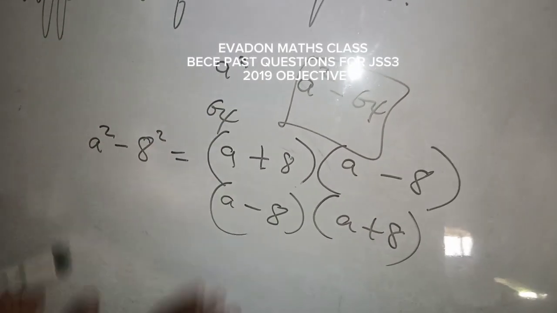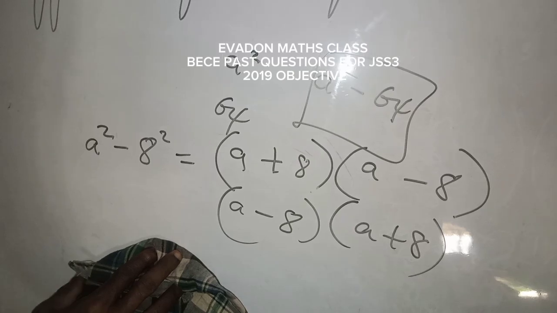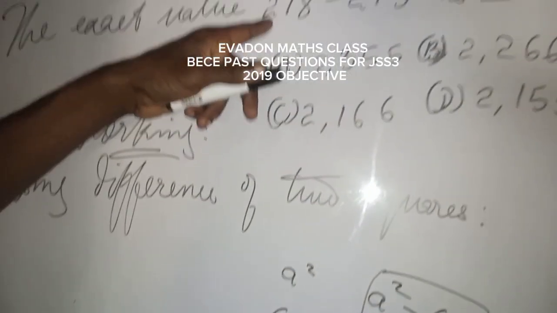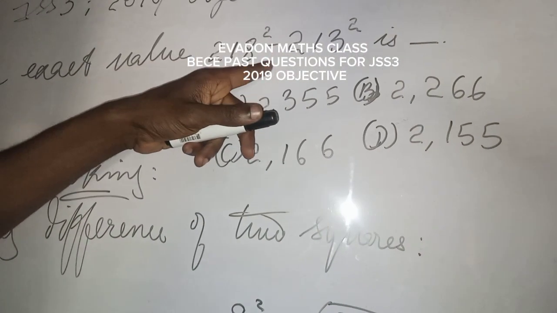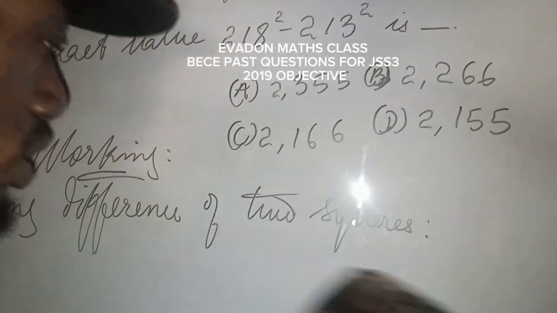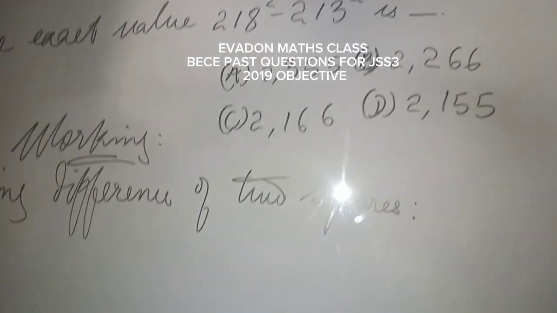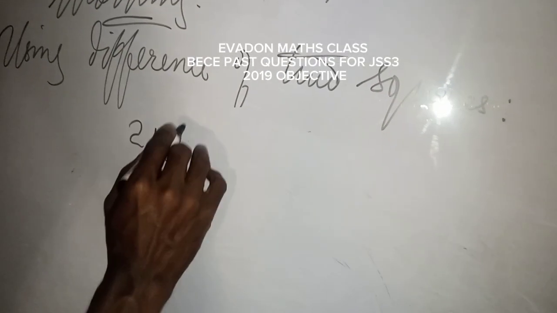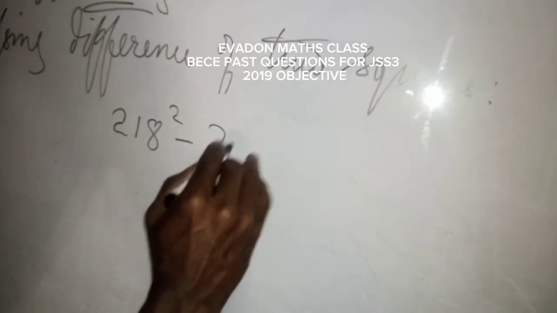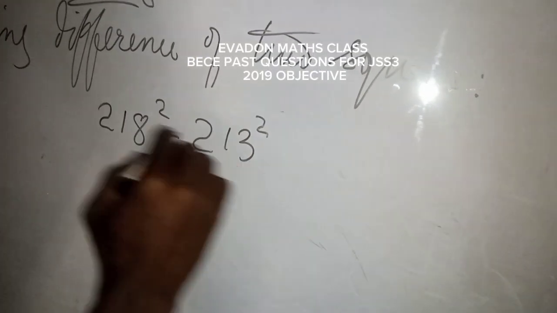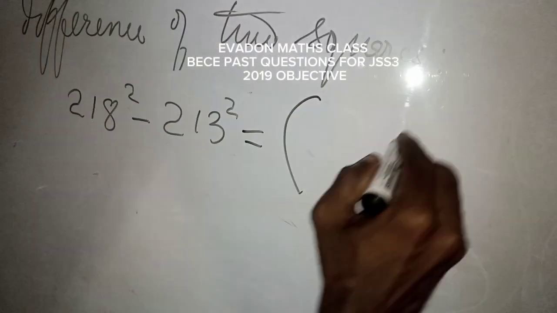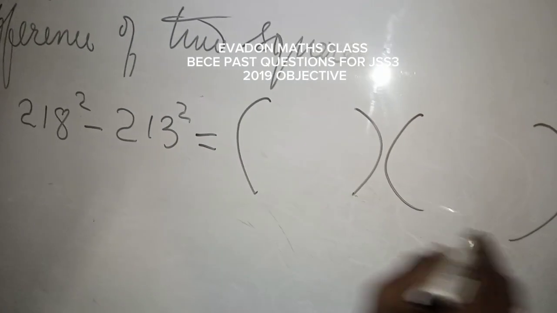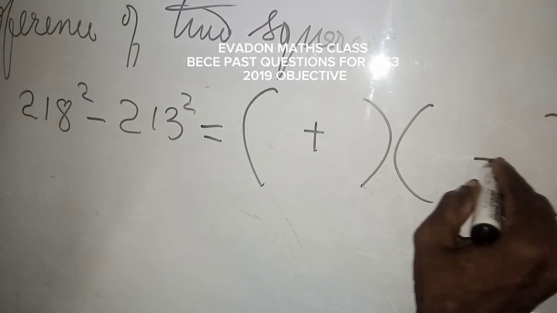In the same vein, we bring the question before us: 218 squared minus 213 squared. The result is the product of their sum and their difference.